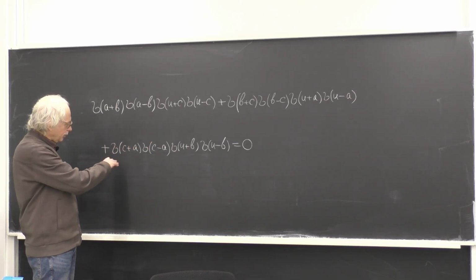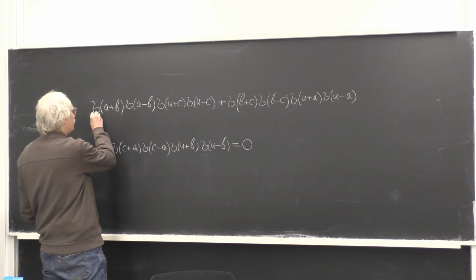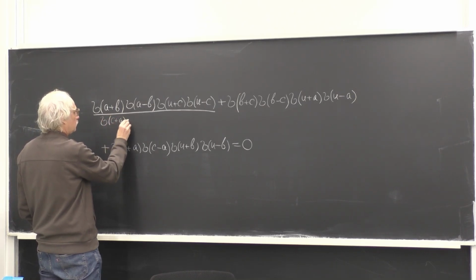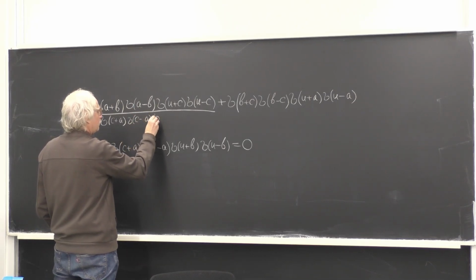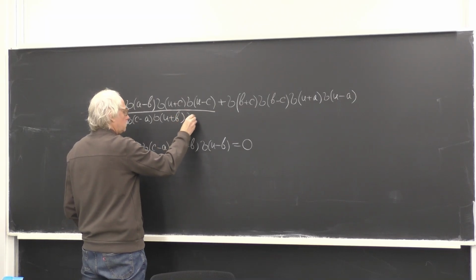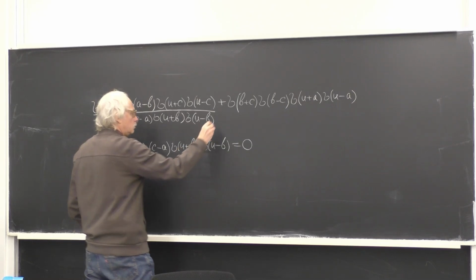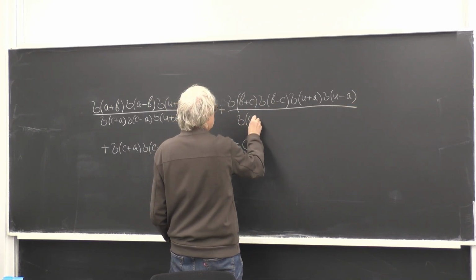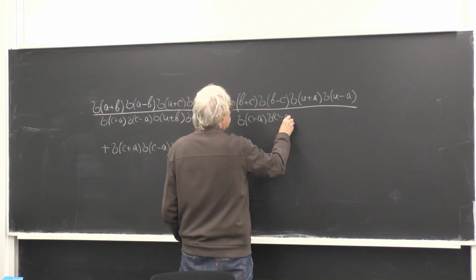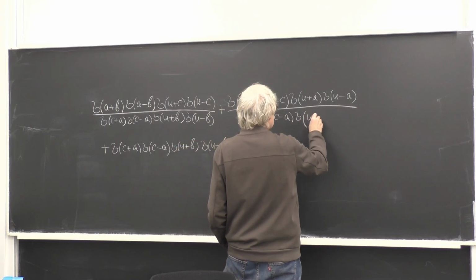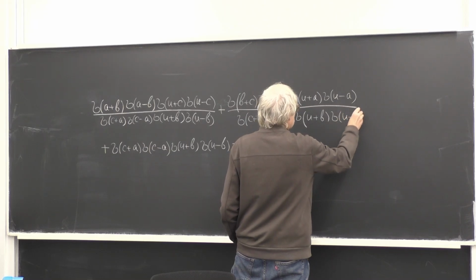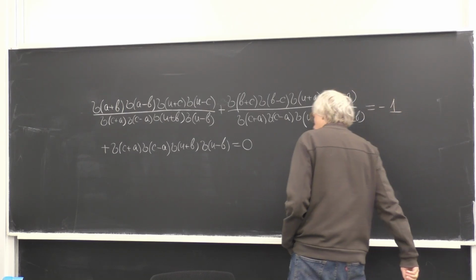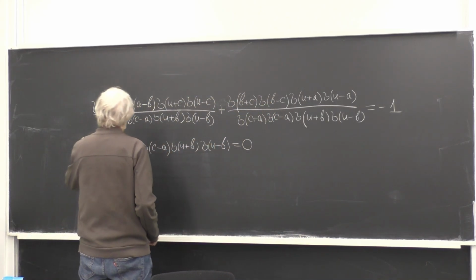Divide everything by this term. Then we get this, and the identity states that this is -1. How to prove it?